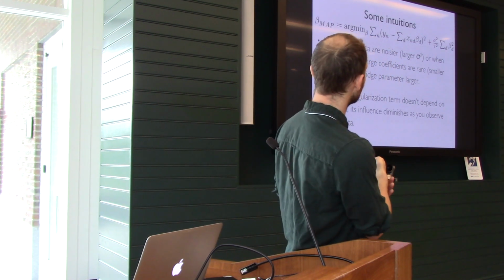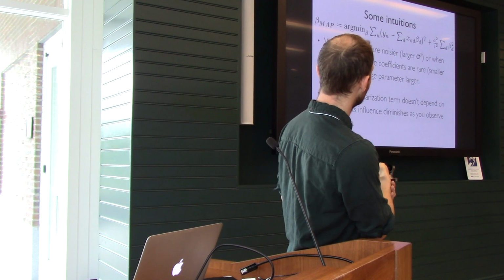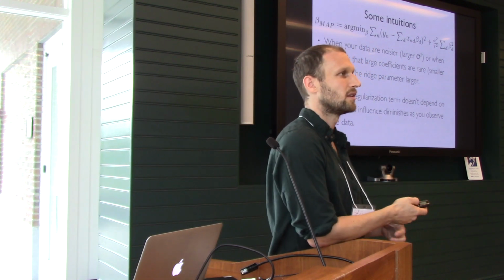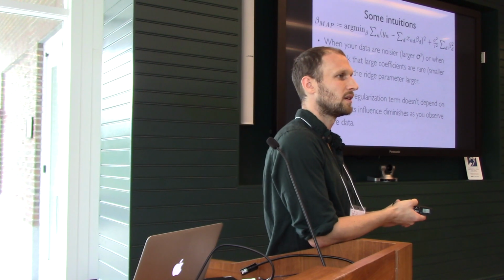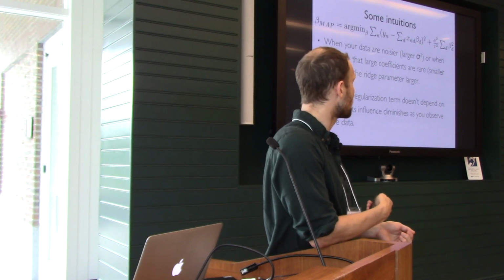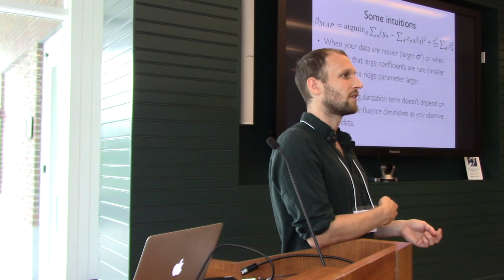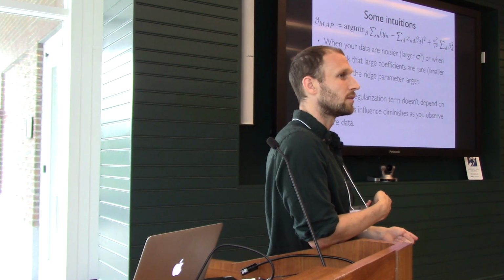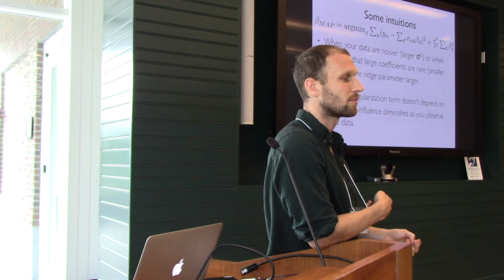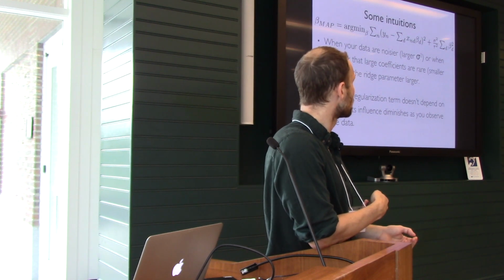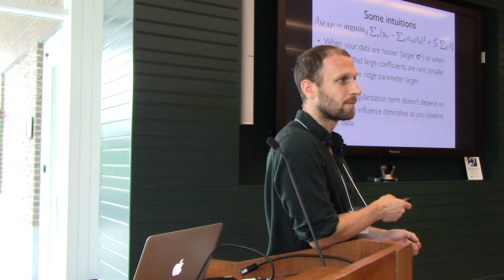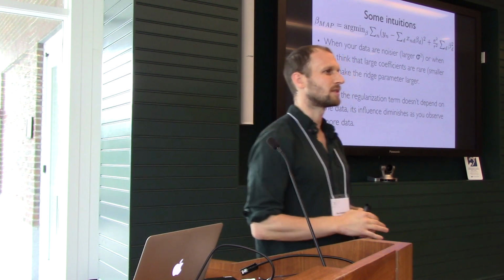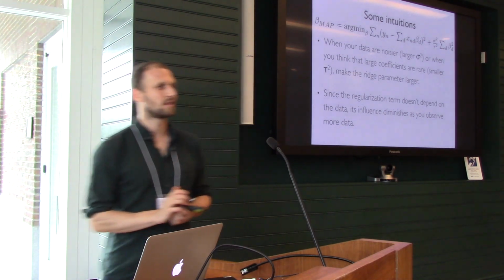This objective function is minimizing the sum squared error plus a penalty on the magnitude of the betas. And you can have different kinds of penalties too. If you make different distributional assumptions, like if I assume that the prior on beta is a Laplace prior instead of a Gaussian prior, then I get an absolute value of beta instead of the squared value. Maybe we can talk about it later.